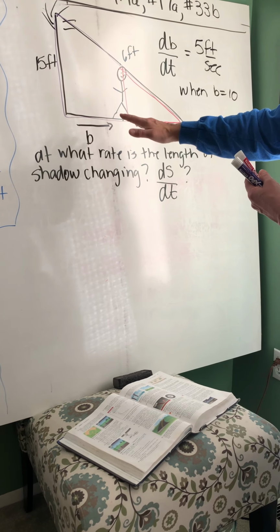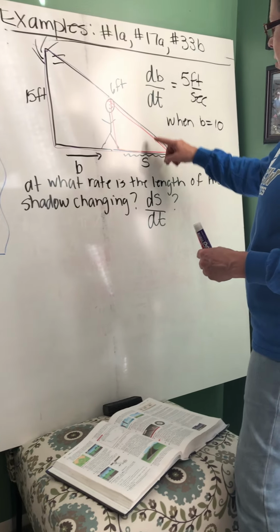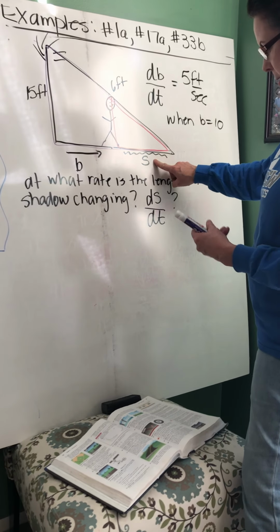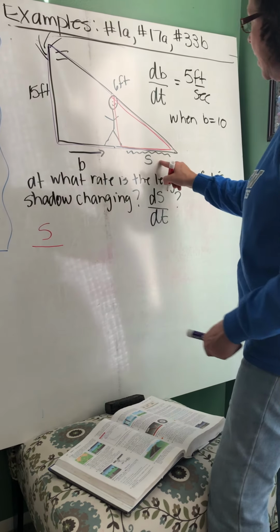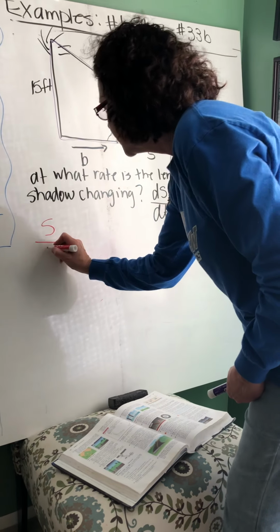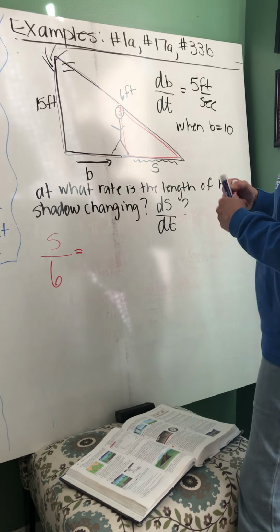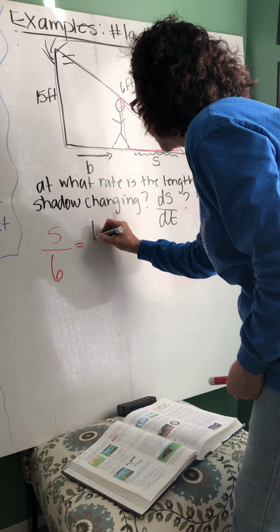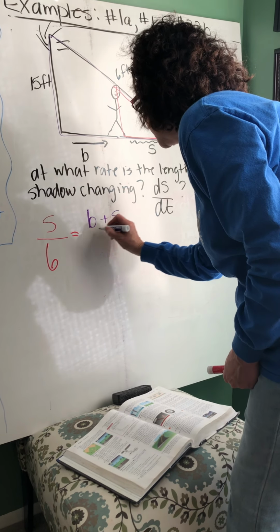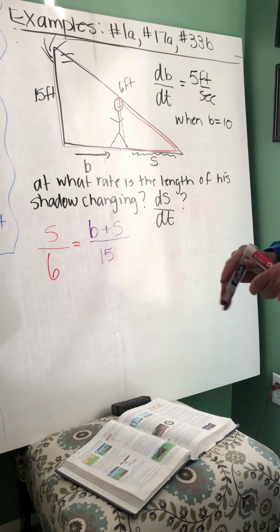Remember, no rates yet. I am going to say, let's see, this little red triangle, that its bottom compared to its height is equal to the bottom of the purple triangle compared to its height. Here's my equation.